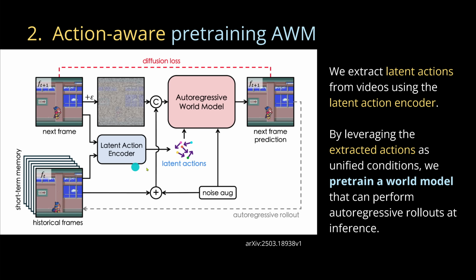So if we have trained this enough, then when it's inference time, and I come with my frame at a particular time, and I understand my historical frames, and I have my latent action, this world model immediately understands what is the next frame, what is the next prediction if I have a latent action like jump up in the air. So you see, rather easy.